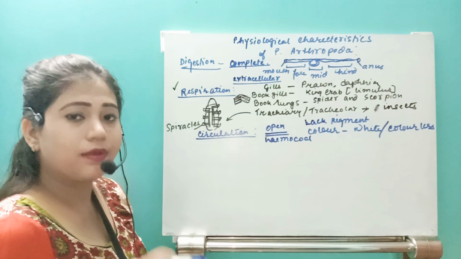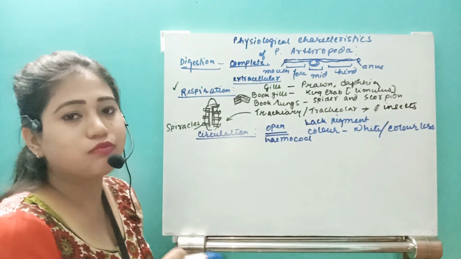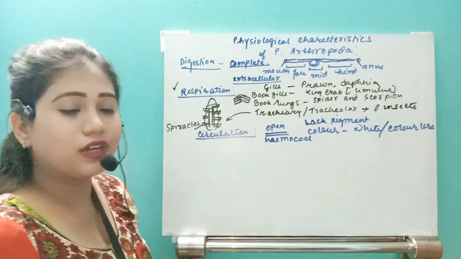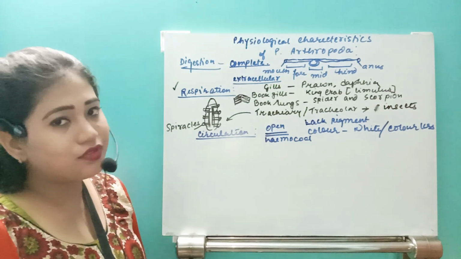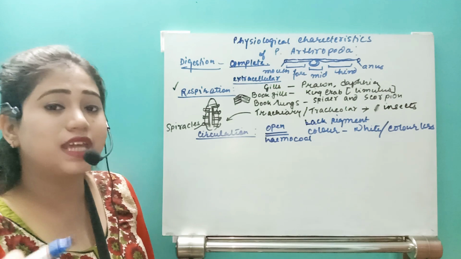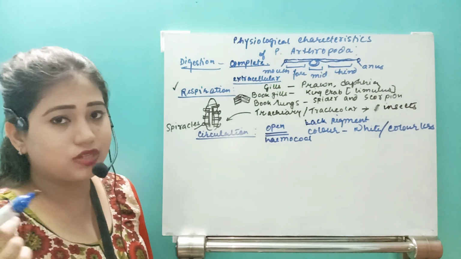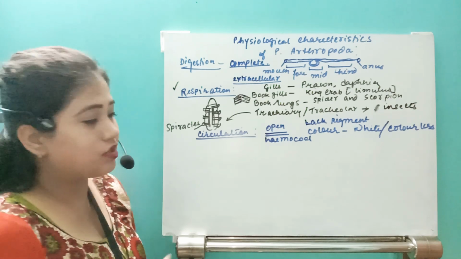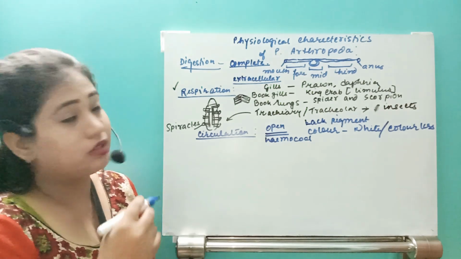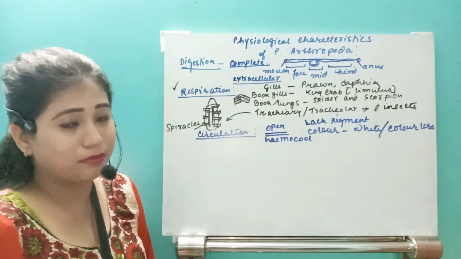In our case, first the gas will come to the lung with the help of the respiratory system, and after that the gas will be taken up by the circulatory system, that is hemoglobin of the blood, and transported to the tissues. This is not happening in Arthropoda, remember that.